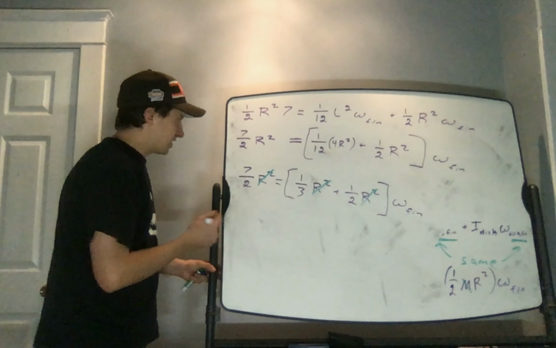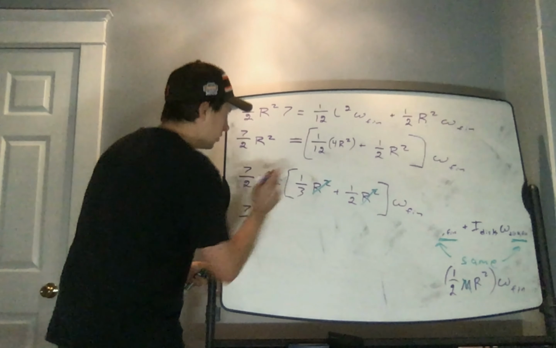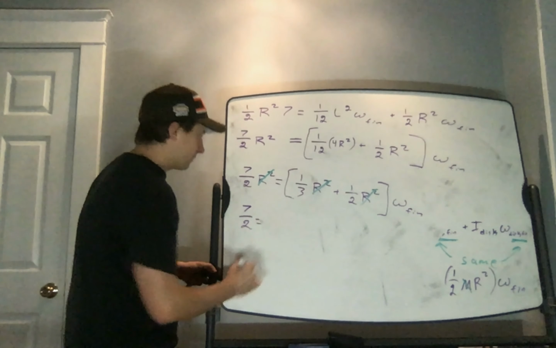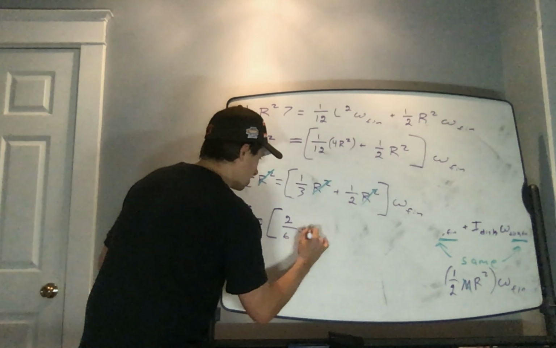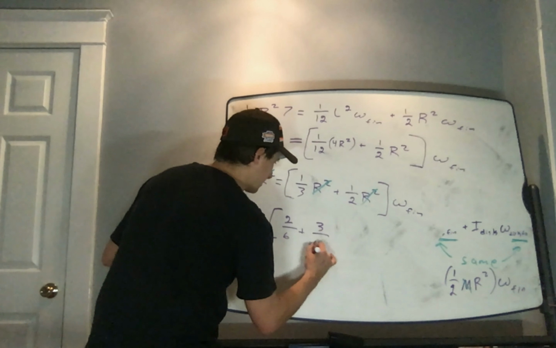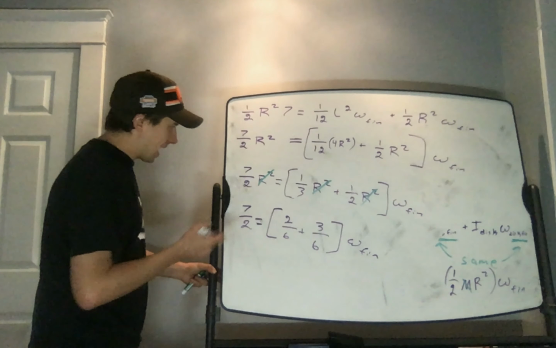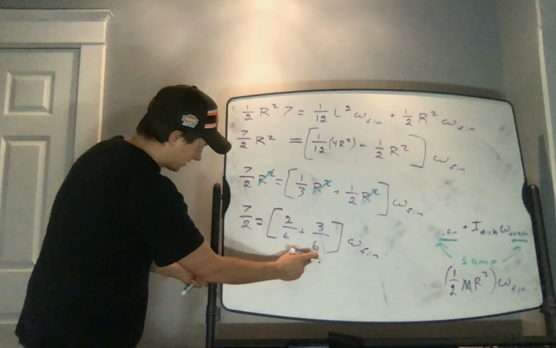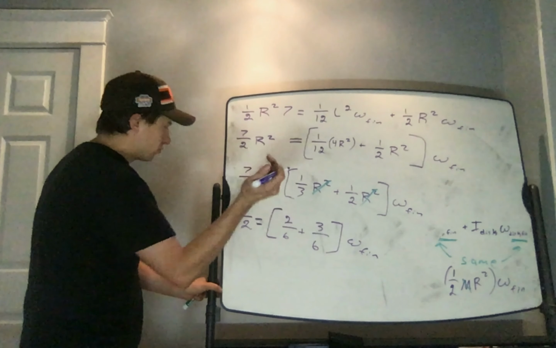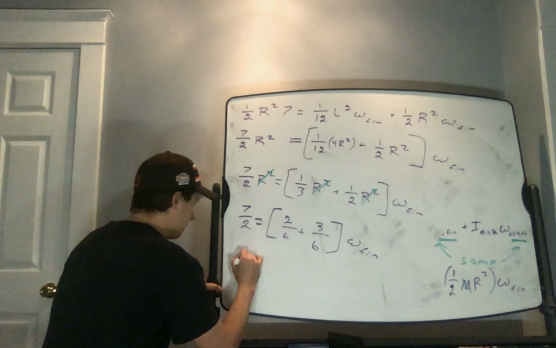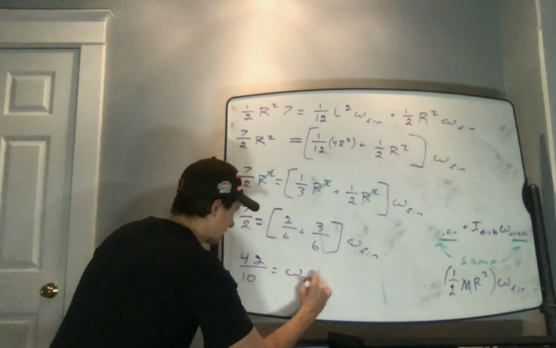So 7 over 2 is equal to 1/3 and 1/2, so this is going to be 2 over 6 plus 3 over 6 times omega final. And when I combine these, 6 times 7 will give me 42, 5 times 2 will give me 10. So I'll get 42 over 10 is equal to omega final.